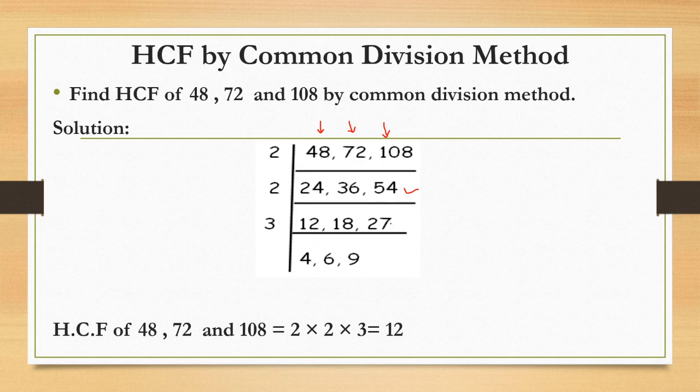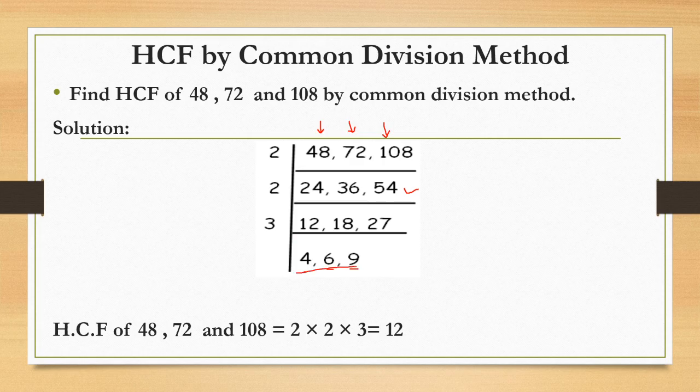Now here 12 and 18 can be divisible by 2, but 27 is not divisible by 2. So we cannot divide here by 2. We have to divide these three numbers by a number that divides all three exactly without leaving any remainder. So 3 will divide these three numbers. After division we got 4, 6, 9.